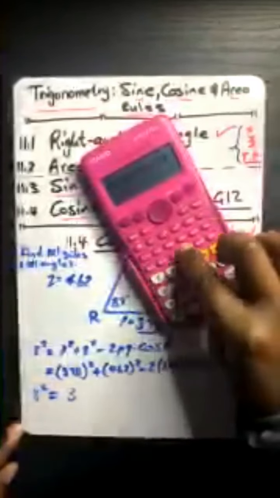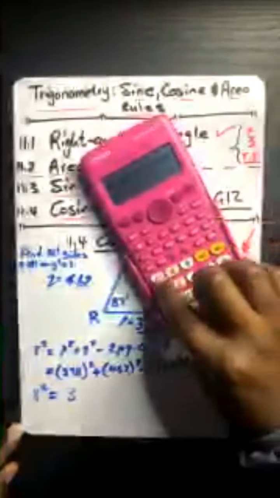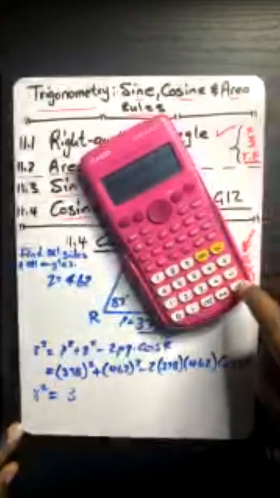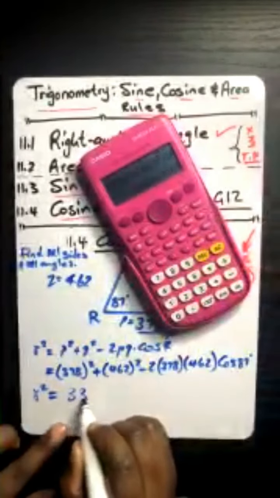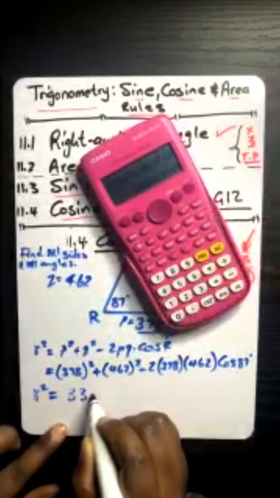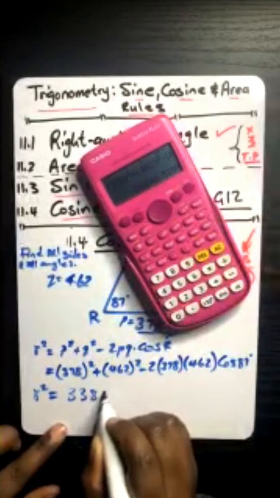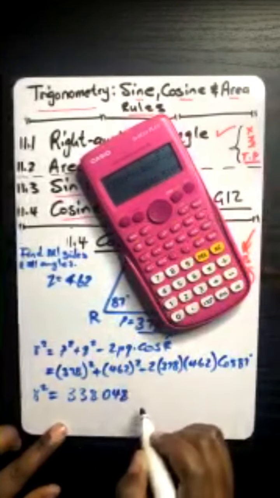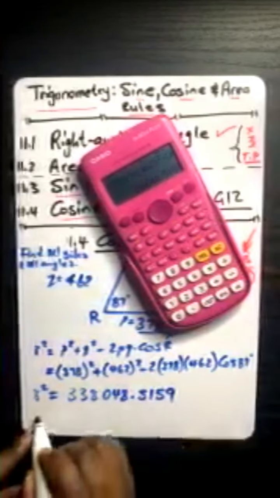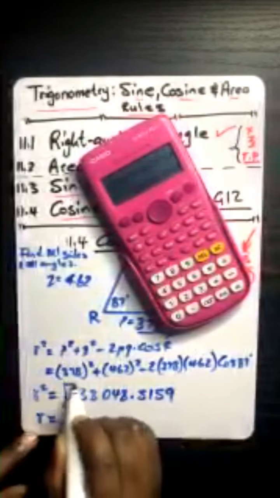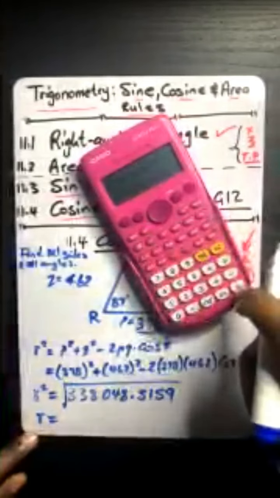Let me punch it so that I can see it. 462. That's a big number. 338. 338 and 48.5159. Okay, yes. Then to get R, we have to take the square root of the answer. So you punch the square root, then answer equals.